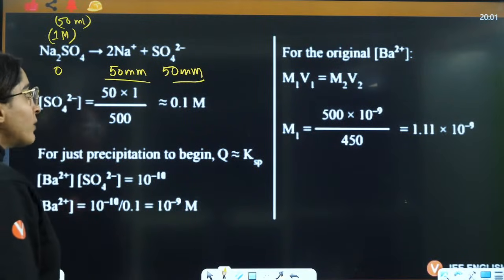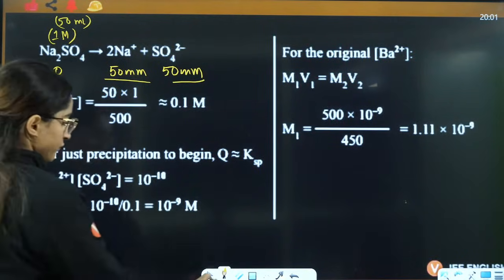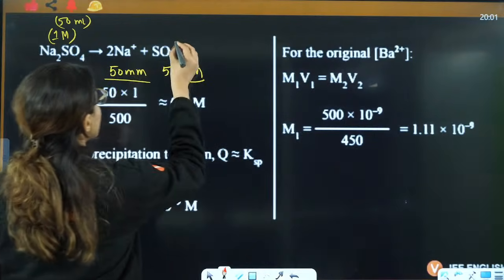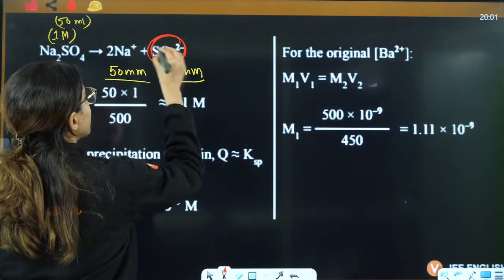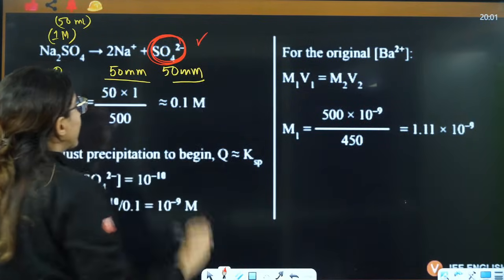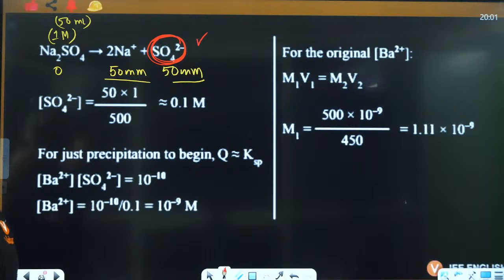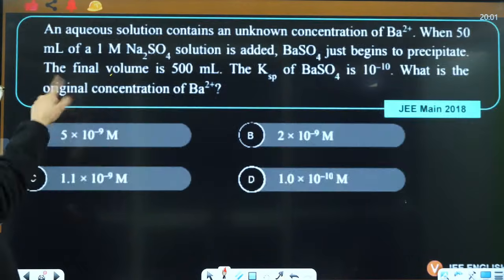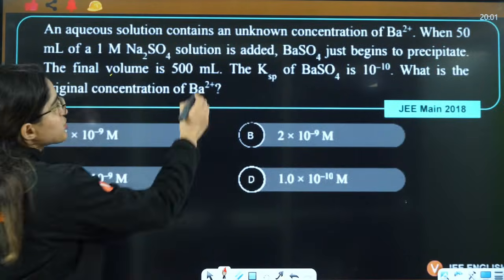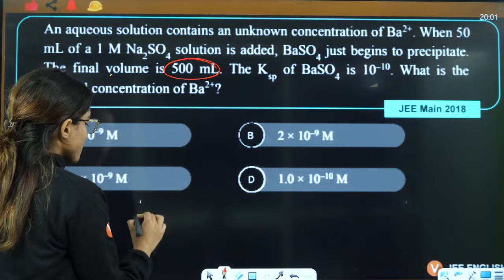Now the common ion is SO4 2 negative, right? So we need to see what is the concentration of SO4 2 negative. The final volume of the mixture is 500. And what is molarity?